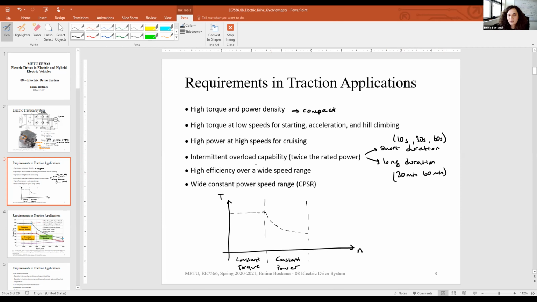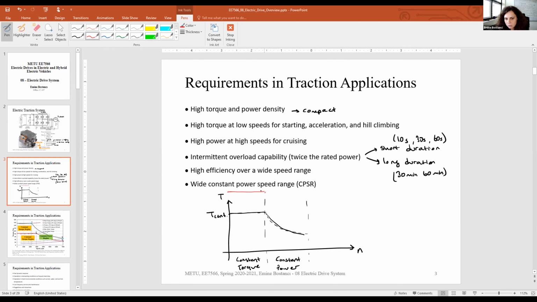For example, 30 minutes or 60 minutes operation. It means that we need to have a system which can operate at a given torque speed characteristics for a very long time. For example, assume that this is some torque T continuous of the system. In an electric vehicle, we need to have the overload capability.